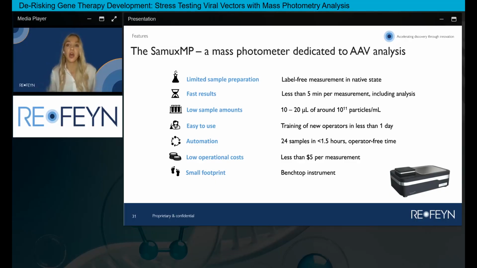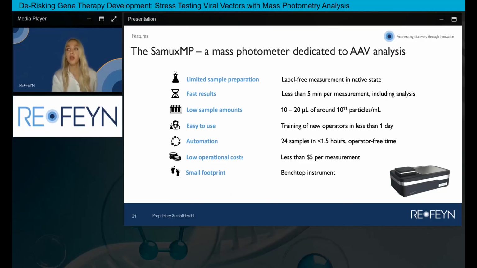Besides that, the analysis could be fully automated, and 24 samples take around an hour and a half using the Samux auto instrument. Many methods are very expensive to develop, besides consuming very high volumes of material.